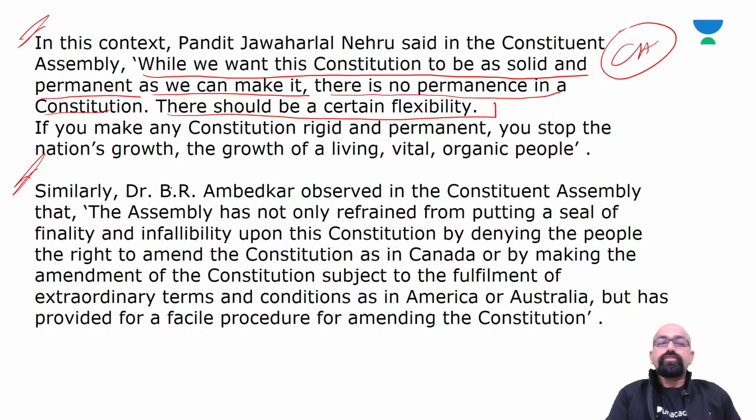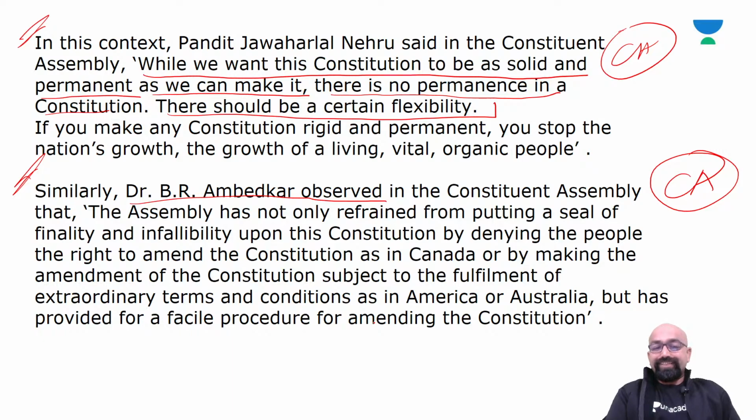Next expert, Dr. B.R. Ambedkar, observed in the Constituent Assembly that the Assembly has not only refrained from putting a seal of finality and infallibility upon this Constitution by denying the people the right to amend the Constitution, as in Canada, or by making the amendment of the Constitution subject to the fulfillment of extraordinary terms and conditions, as in America or Australia, but has provided for a facile procedure for amending the Constitution.